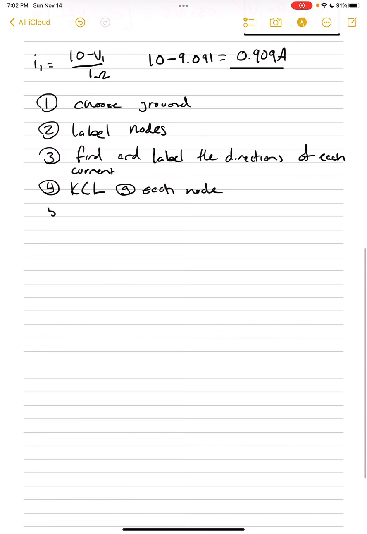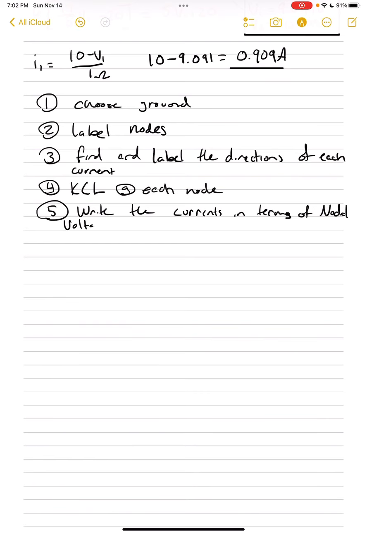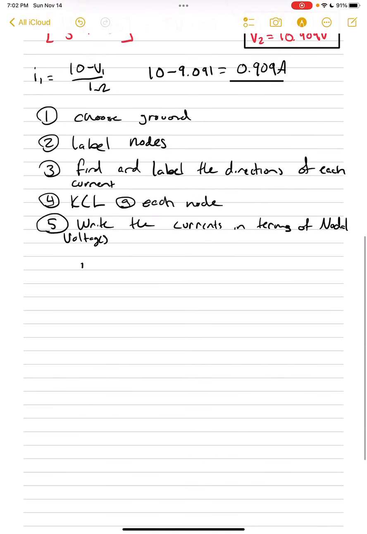So that's the fifth step, which is to write the currents in terms of your nodal voltages, right? Remember, that was I equals V at the positive terminal minus V at the negative terminal over the resistance.